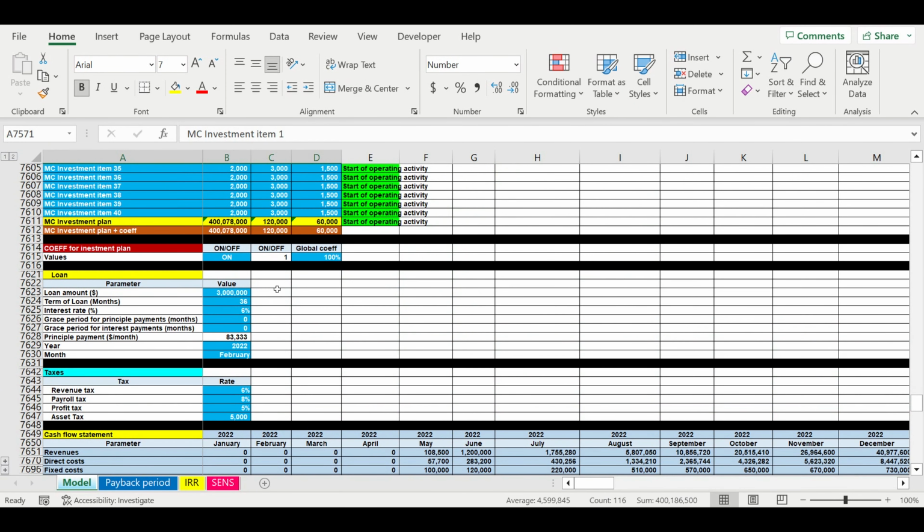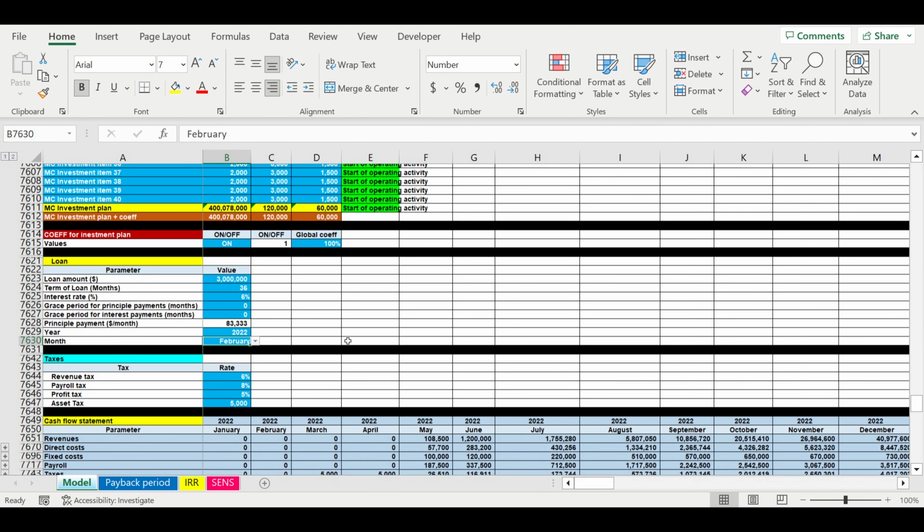And then we have the block for the loan. Here we can specify the amount of loan, the term of the loan, the interest rate, and the grace period for principal payments and for interest payments. Here we specify when we get this loan, in which year and which month.